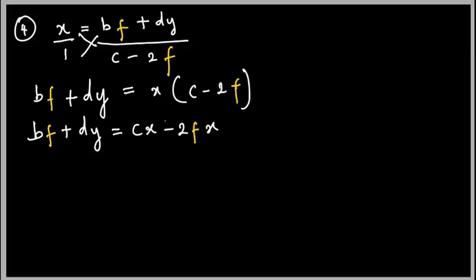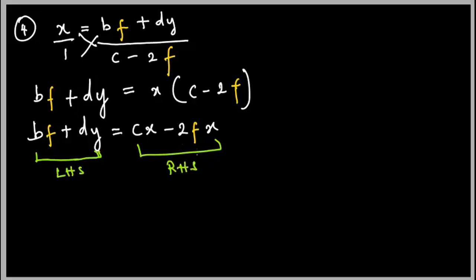Bring all the f terms together and take other terms not having f to one side. So I think this is my left hand side. On the left we have just these two here, and here we have just this on the right hand side.